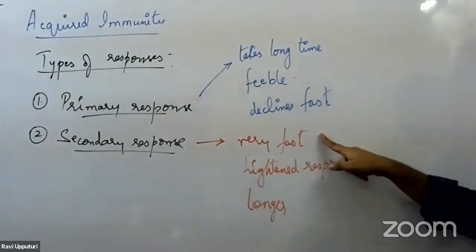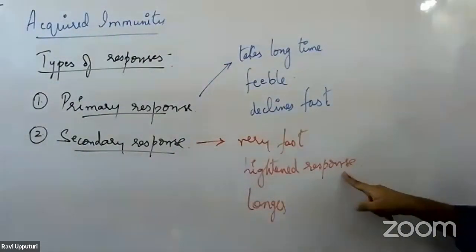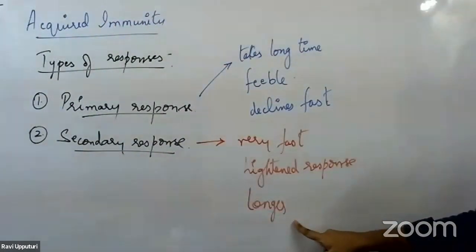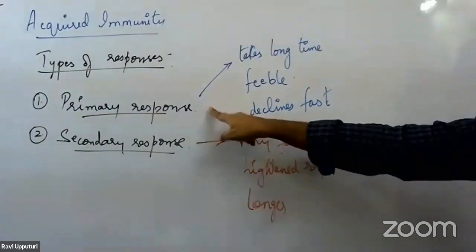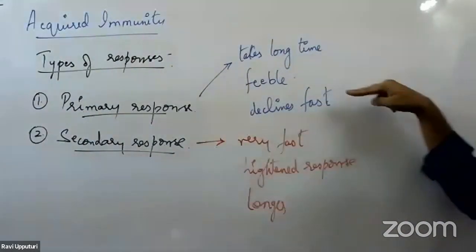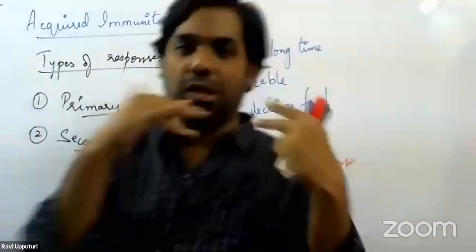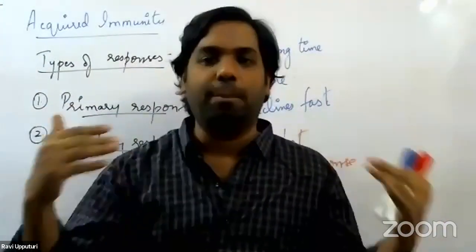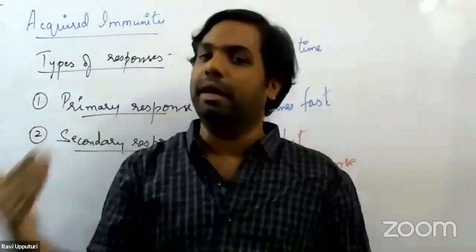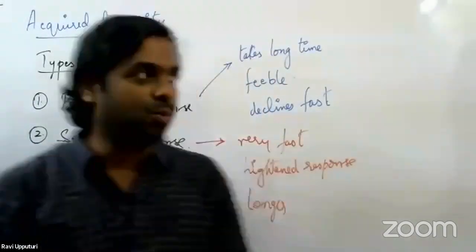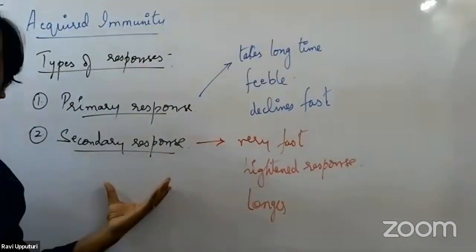The response is very fast, the response is very strong, and it usually lasts much longer compared to that of the primary immune response. It does not decline fast, it remains much longer, sometimes for years together, and sometimes even up to the lifetime of that particular individual as well. So this we call the secondary immune response.